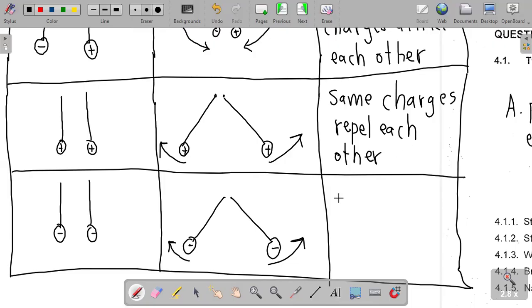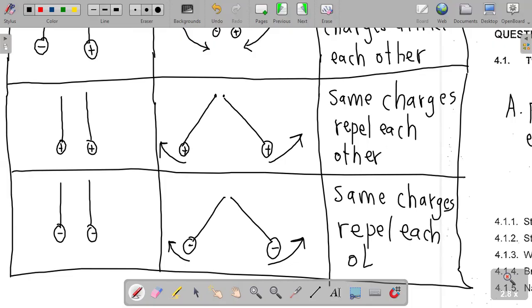Same charges repel each other. That's the reason.